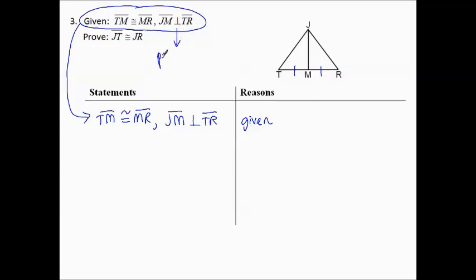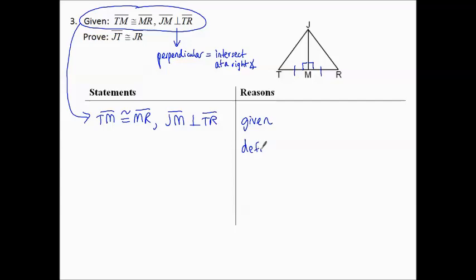How do I use perpendicular? How do I show it in the picture? Well, what does perpendicular mean? Perpendicular means that the lines intersect at a right angle. So how do we show that? In the picture, we're going to mark it with the right angle symbol. But I have to state that I came up with that because I knew what perpendicular means.